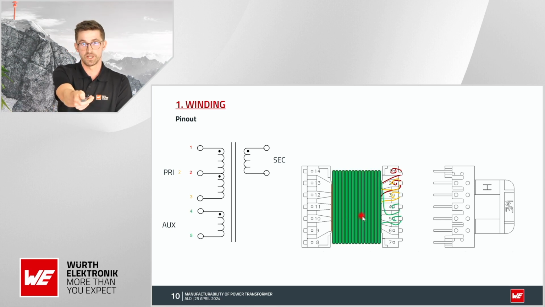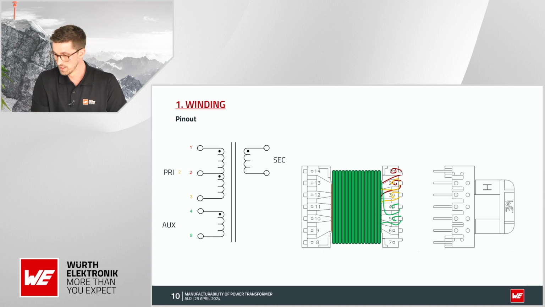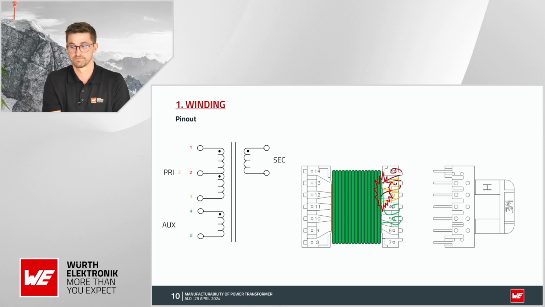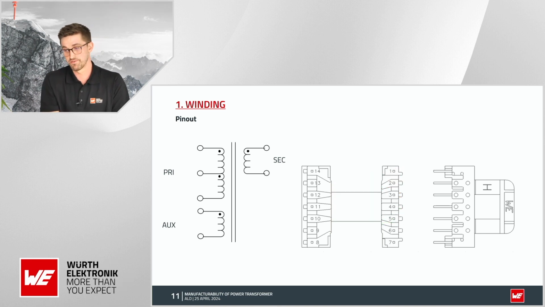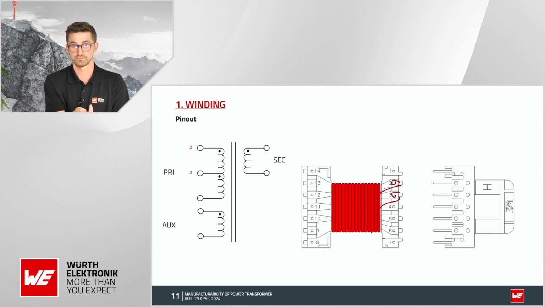What we can see already is that from pin 4 there is a long lead of wire that is crossing the other wires on pins 1, 2 and 3. And this can potentially cause some insulation damage. This can be easily avoided, and we can start winding again, but this time shifting the primary windings one pin down.